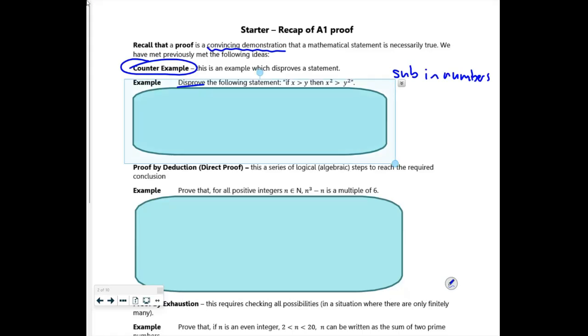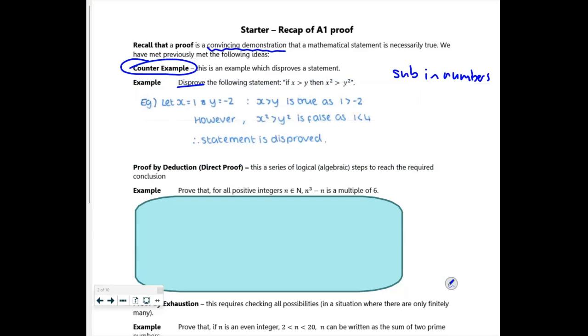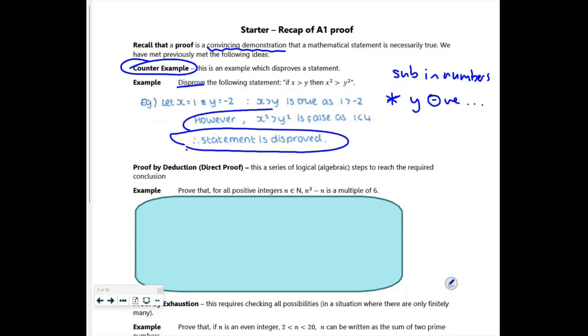But once you've done that, hopefully you will get, bing, this. So if y is negative, when you square it, it's positive. So if you've chosen y as being a negative number, then it'll fail. And we've got a statement at the bottom here, haven't we? Including this part here.